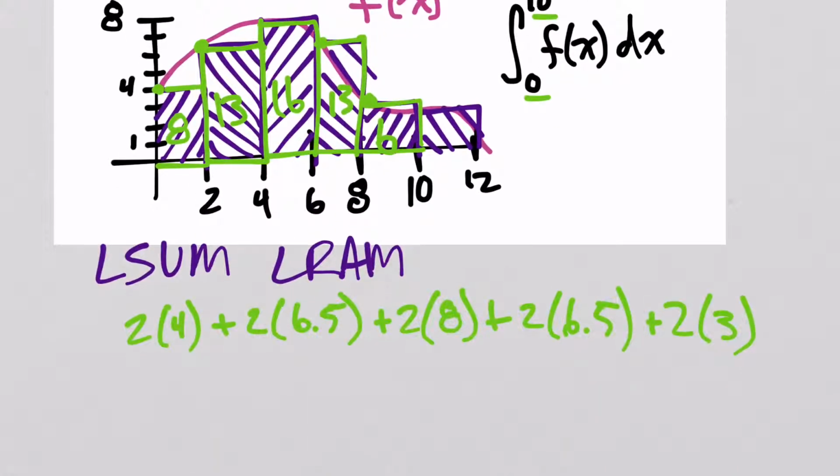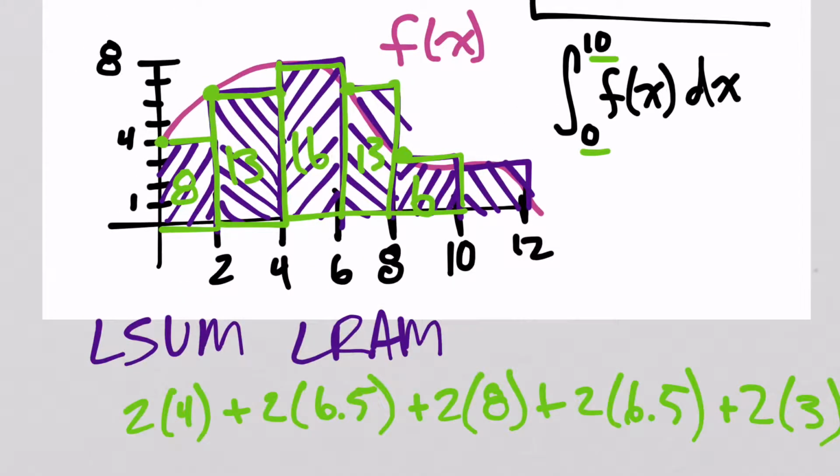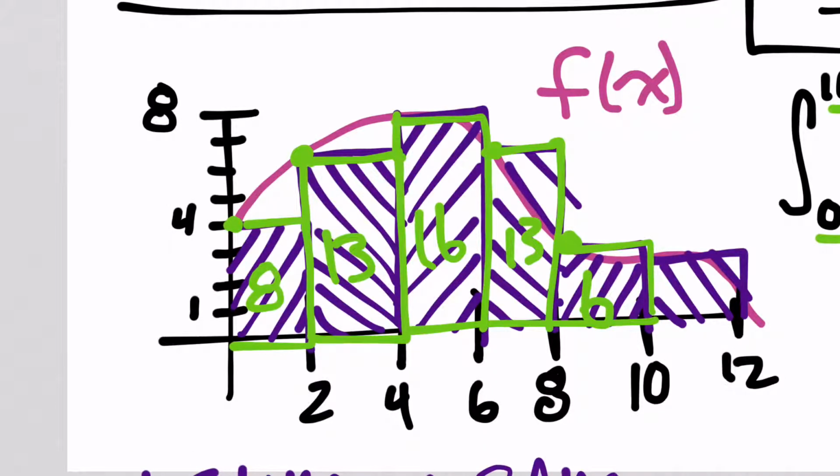Now, if you look at what we're dealing with, this is not a perfect system. There are gaps in the areas. If you look at this first little rectangle of 8, I don't have any of that pink graph right there. I don't have any of that pink graph right there. If you look at the next one, it looks like I have a little bit of extra stuff in the top right corner.